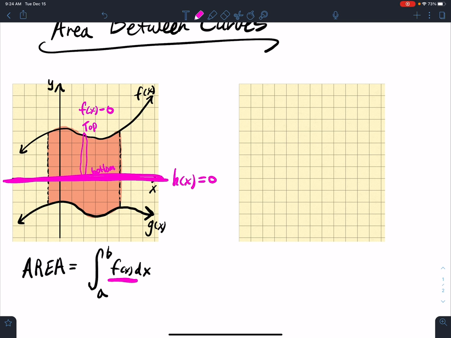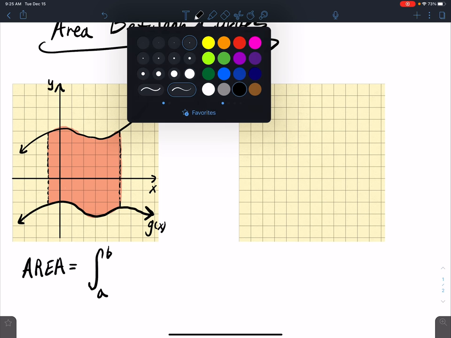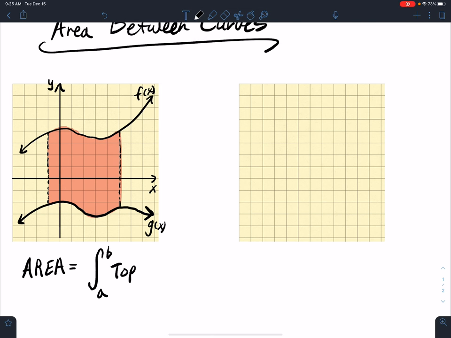But now the bottom is no longer the 0, but it's this g of x function. So we need to back it out a little bit. Okay? So when we do this, this is going to be the top minus the bottom function.